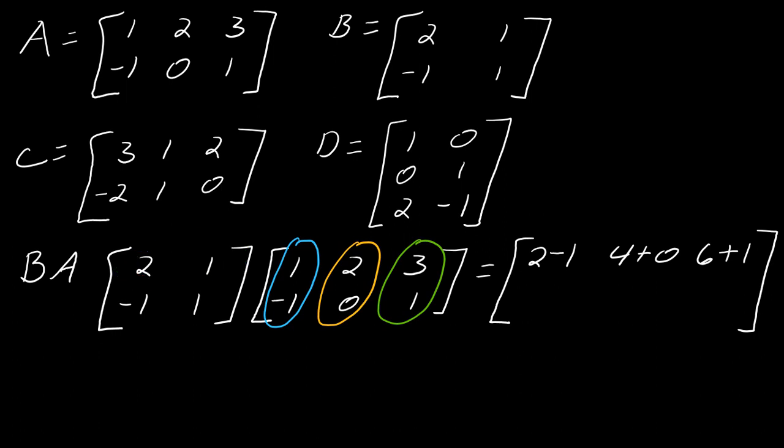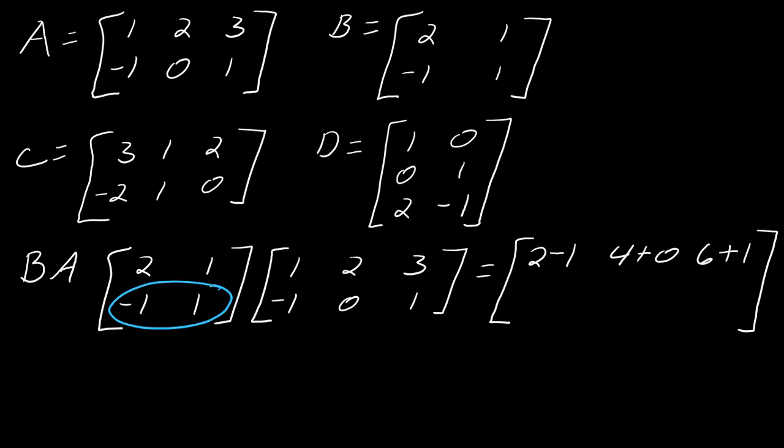So let me get rid of all these so that we can start over. Now we're going to repeat that process, but with this row here. I'll keep the visual markers just for this first example. So I'm going to take this times this. -1 times 1 is -1, and 1 times -1 will also be -1, so it's going to be -1 minus 1.